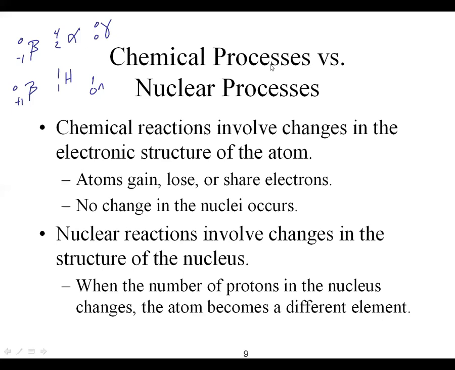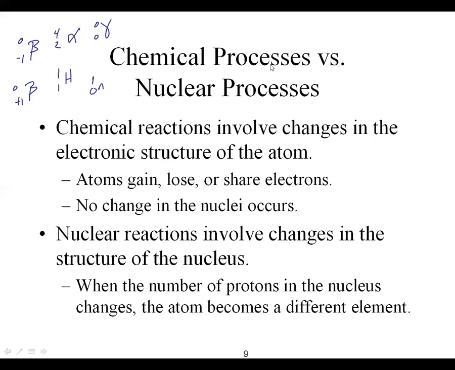Since the components of a nucleus are your protons and your neutrons, and everybody has its own unique atomic number, as you change the protons and they get converted into other particles, you are changing the elements, and we no longer have that conservation of elements like we do in a chemical reaction.